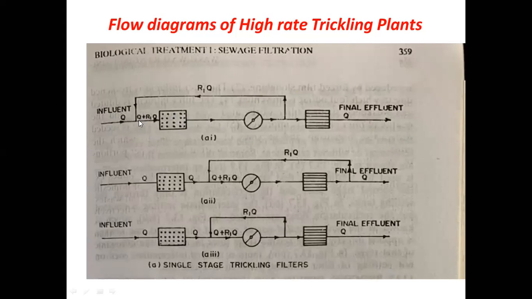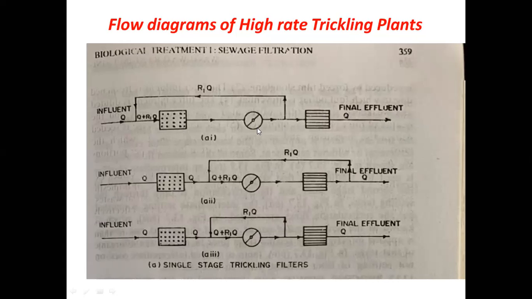The sewage is first applied to the primary clarifier, and after treatment in the primary clarifier, the sewage will go to the trickling filter, and after the trickling filter, it will go to the secondary clarifier, and then the effluent goes outside.